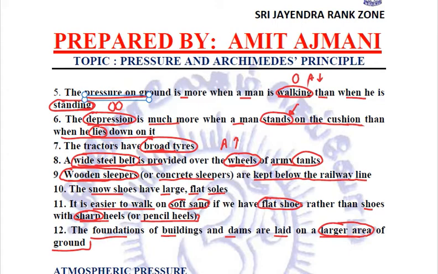So these are a few observations, all based on one simple fact, that pressure is inversely proportional to area. On increasing the area, pressure will be decreased, and on decreasing the area, pressure will be increased.